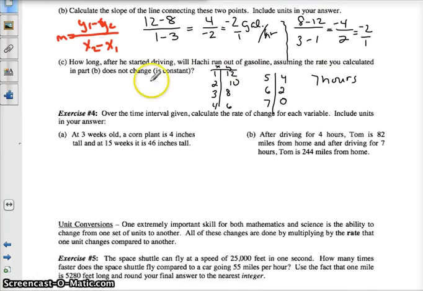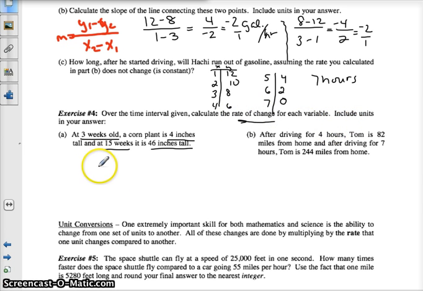Let's keep going. Over the time interval given, calculate the rate of change for each variable. Include units in your answer. Okay, so let's see. We have 3 weeks old. A corn plant is 4 inches tall, and at 15 weeks old, it's 46 inches tall. So we can do rate of change by the slope formula.